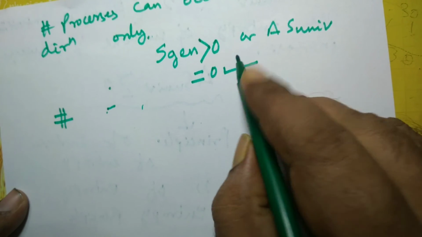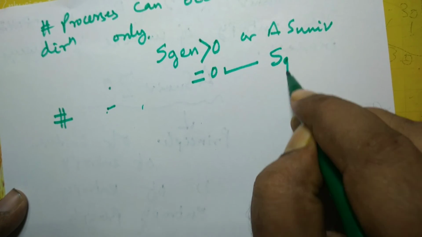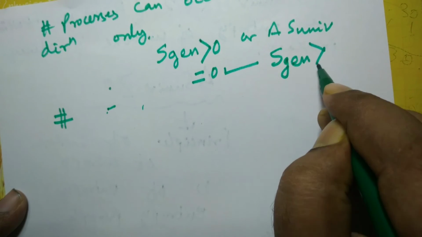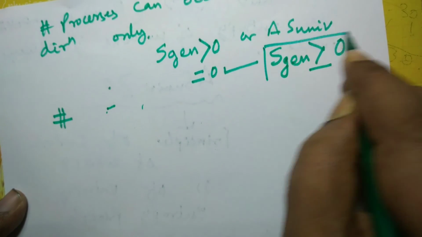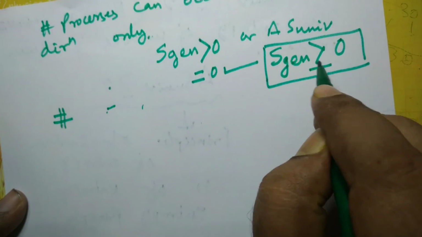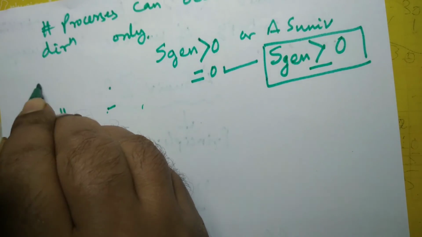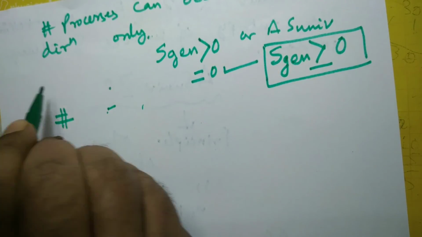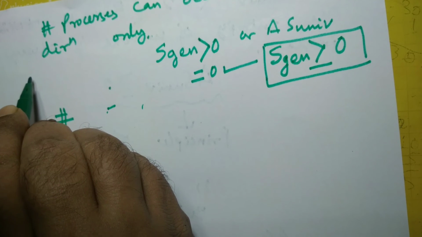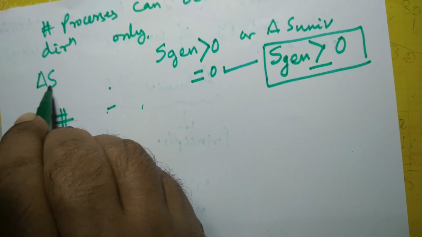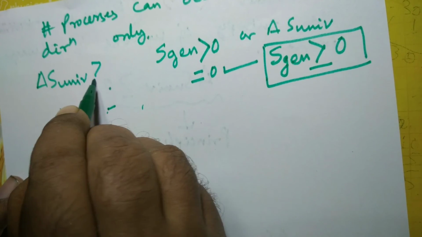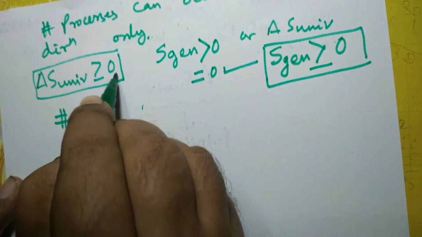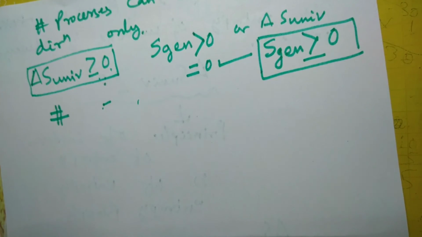Overall I can say a process is feasible only when Sgen is greater than or equal to 0. Sgen less than 0 is out of the question. A process is infeasible when Sgen is less than 0. Delta S universe greater than or equal to 0, where equal to 0 means the process is an ideal case.